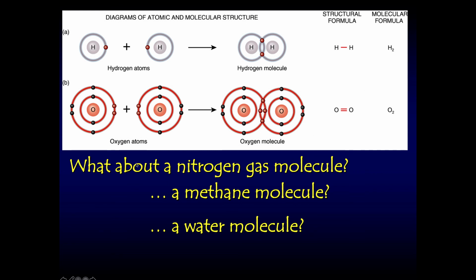Then, whatever that is, you're going to diagram the number of atoms in a molecule of nitrogen gas. Then you're going to mash them together to make every outer shell of each atom happy. Then you're going to create the structural formula. Then simply do the same thing for a methane molecule and a water molecule.